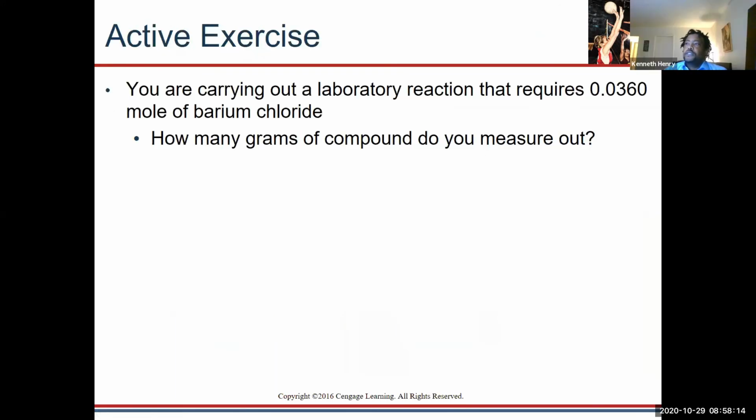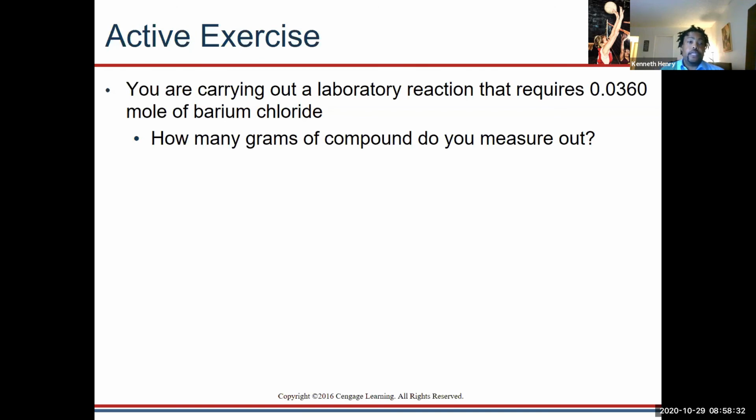Okay. You are carrying out a laboratory reaction that requires 0.0360 moles of barium chloride. How many grams of the compound do you measure out?